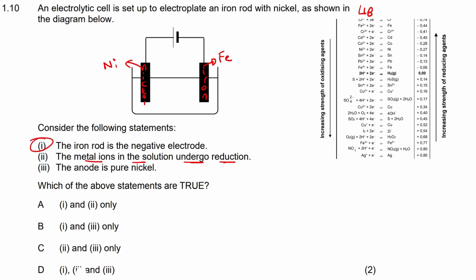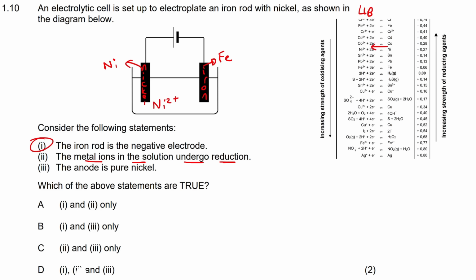The way that it works with this one is we know that what eventually happens here is you're going to have a piece of nickel, and that nickel, which is over here, is going to have to make its way to the iron. How does it do that? Well, it's going to have to first convert into ions, nickel 2+ ions. So the reaction is going to go like that.